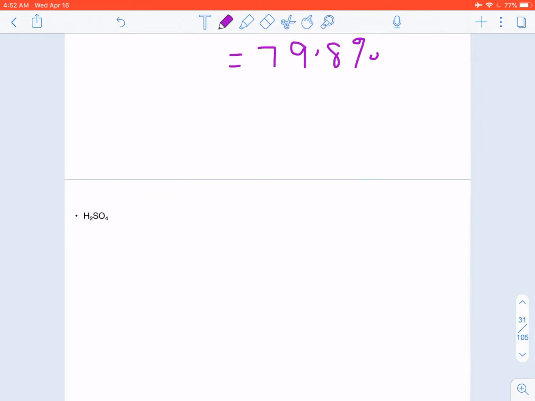Here we've got H2SO4, and you may recognize it. This is sulfuric acid. So Mr of sulfuric acid, and as you can see, these are all nonmetals, which we spoke about in our earlier lesson.